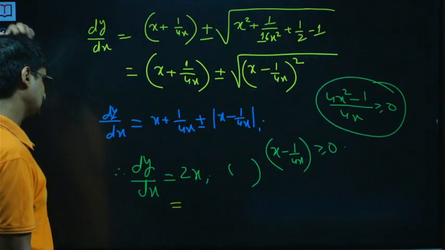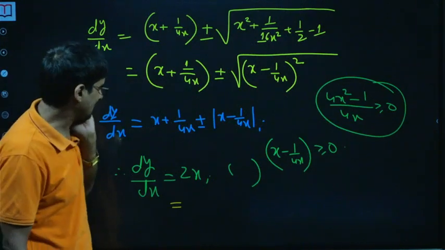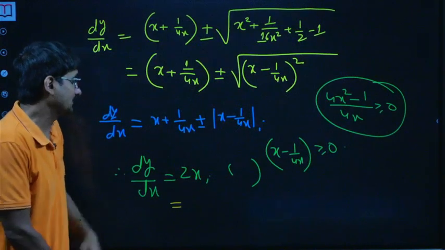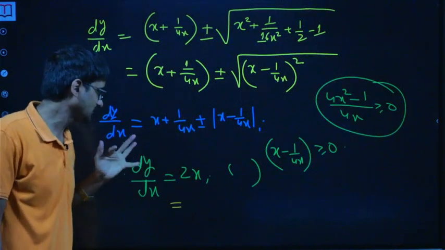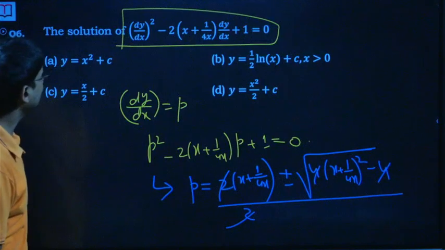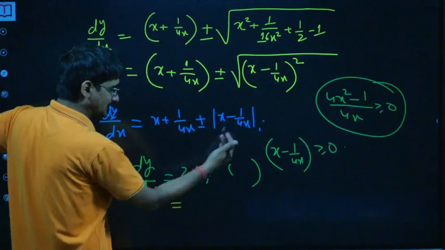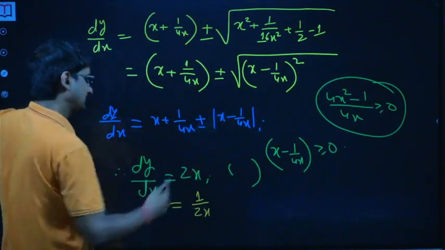So see what will happen is, there are 2-3 possibilities: the modulus, and then there's the positive-negative thing also. And they didn't say anything about dy by dx, whether it's positive or negative. If that gets cancelled, we'll get 1 by 2x, 1 by 4x plus 1 by 4x.